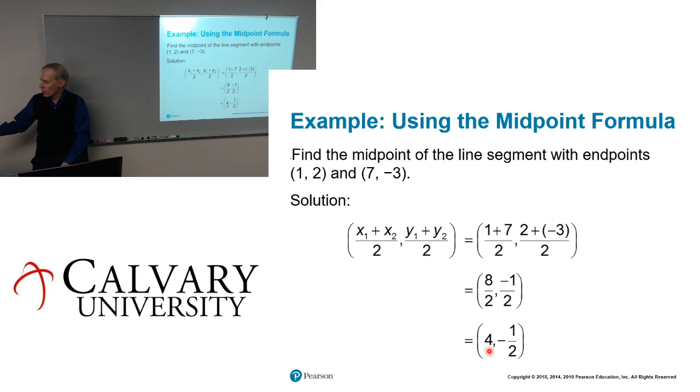So x would be 4 and y is -1/2. So once again, do keep in mind the distinction. For the midpoint, you're going to be adding the x's, adding the y's, and dividing by 2. You don't subtract as you do in finding the distance formula.